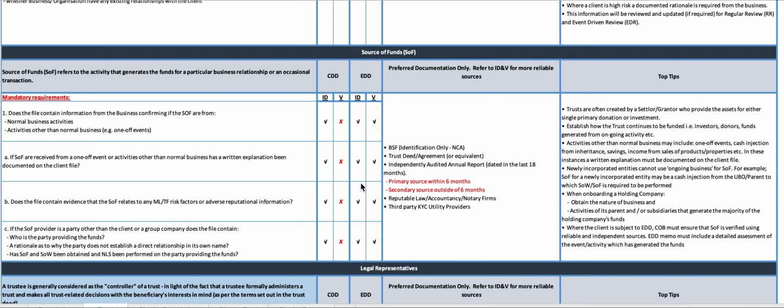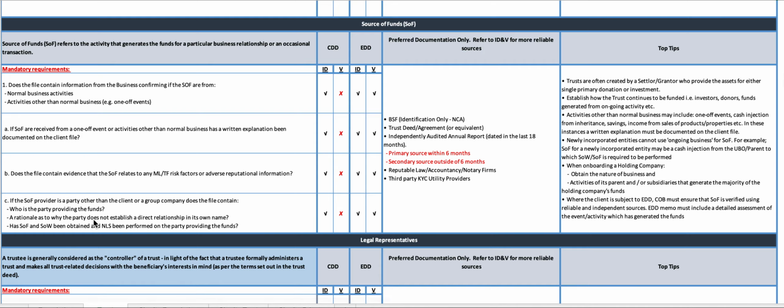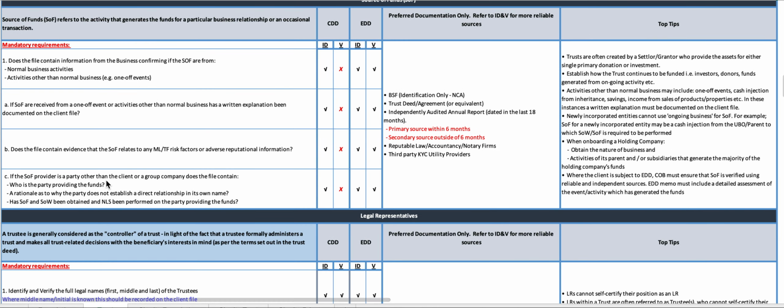Usually you don't need to verify that for CDD, but you will need to identify and verify it for EDD. And of course you would want to know if there's any evidence relating to money laundering or terrorist financing.